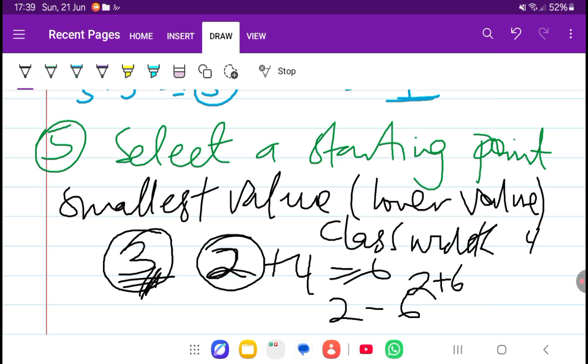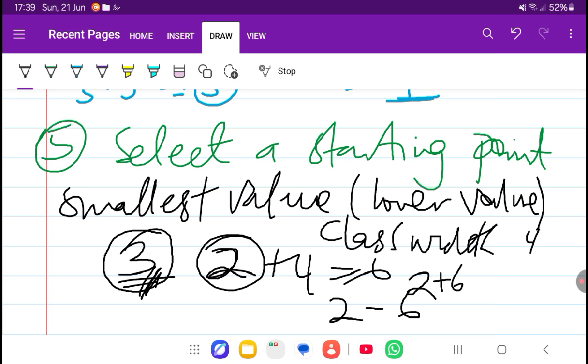So we always pick the lowest value or any value that is convenient for us, as long as it is less than the lowest value. And then we add the class width to the lower limit to find our upper class limit, just like what I've done here.